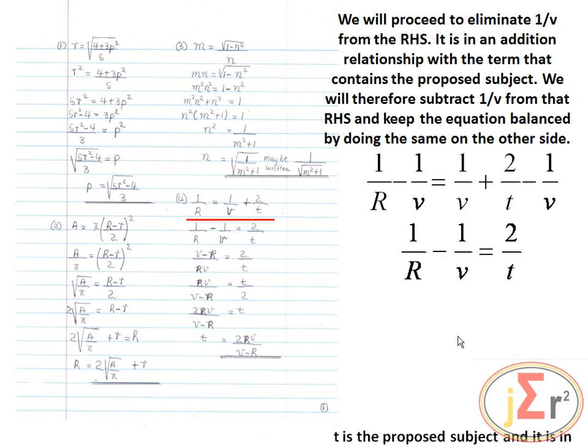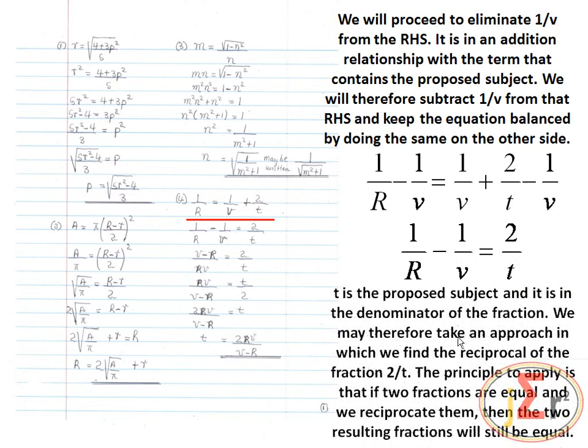What do we do now? T is the proposed subject, and it is in the denominator of the fraction. We may therefore take an approach in which we find the reciprocal of the fraction 2 over t. That will cause t to be in the numerator, which is exactly where we want it.